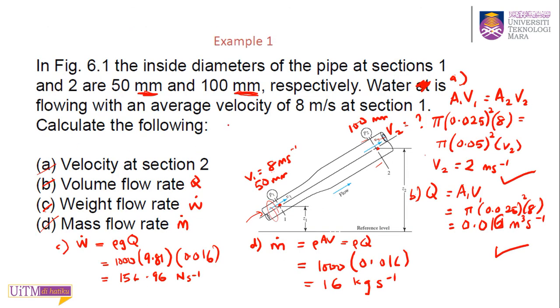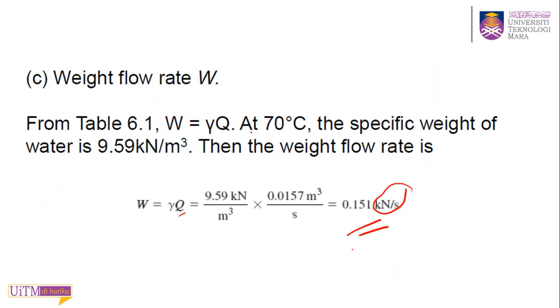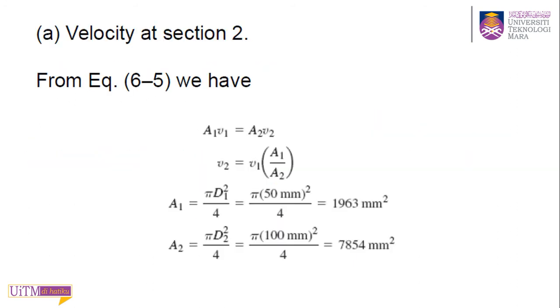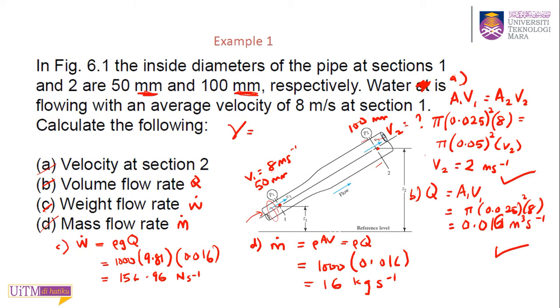Maybe they give you a specific weight. But here in this example they said from table 6.1 the specific weight of water is 9.59. So that's why it's different. When we did the calculation, we just assumed the rho of the water is 1000. So that's why our value is different, but we are still correct.